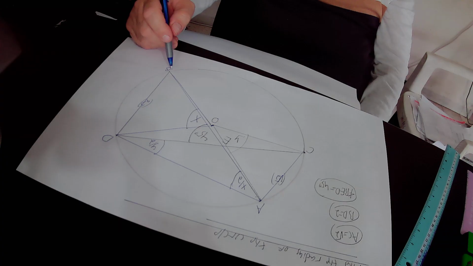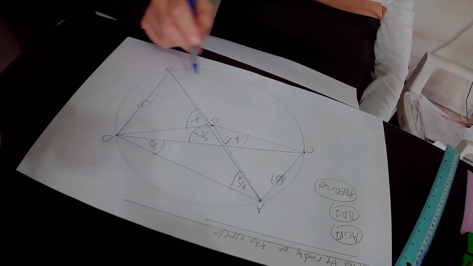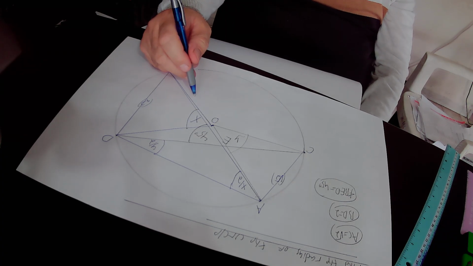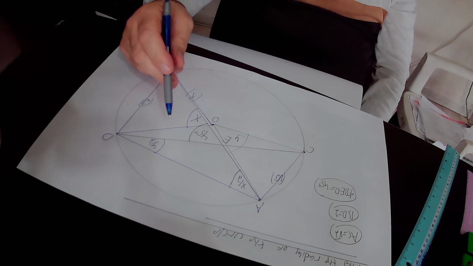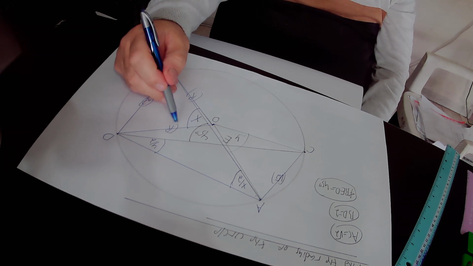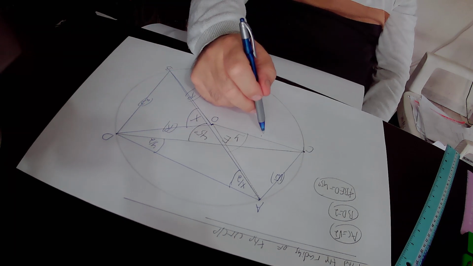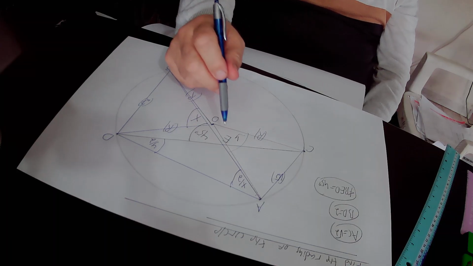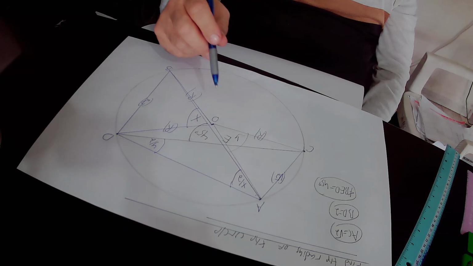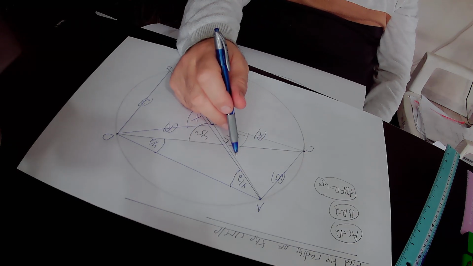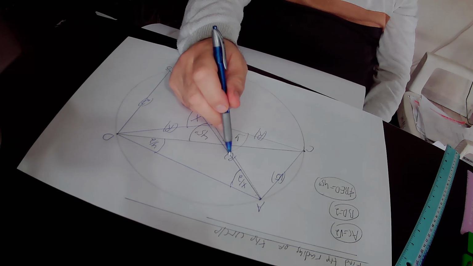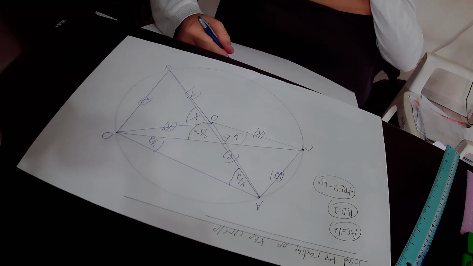That is the radius that we are looking for in this question, so we define the radius OB as R. OD is also the radius of this circle, equal to R. OC is also the radius, and also OA is the radius of the circle.